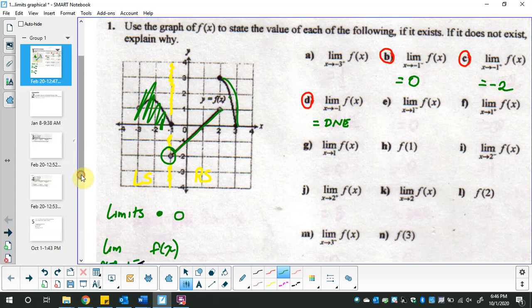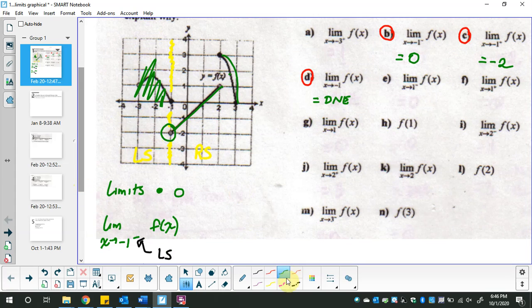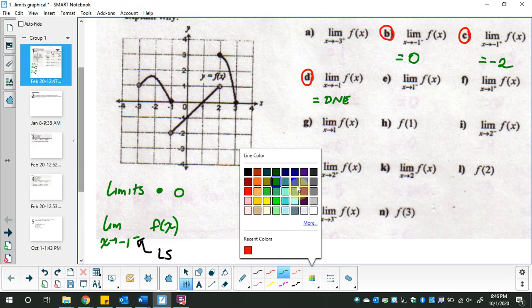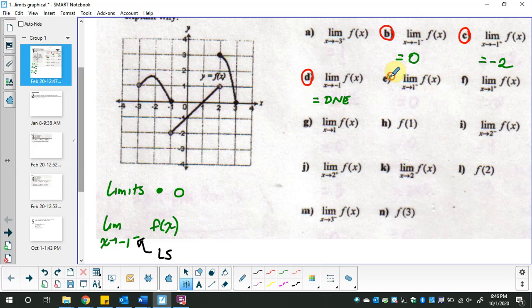So what I need to do now is erase all this information, every single bit of it, and we need to find another clump of information. So this time, this one has x approaches 1 from the negative side.